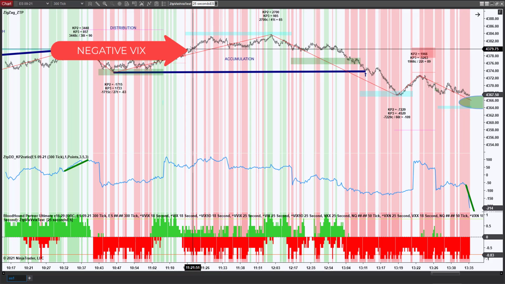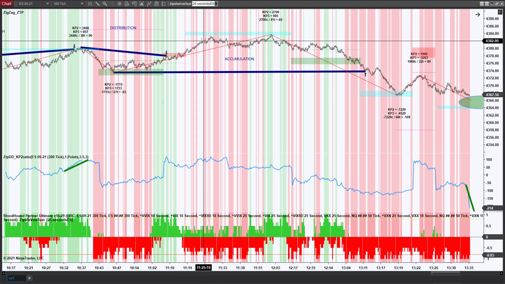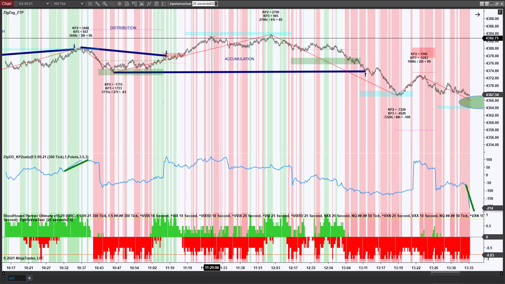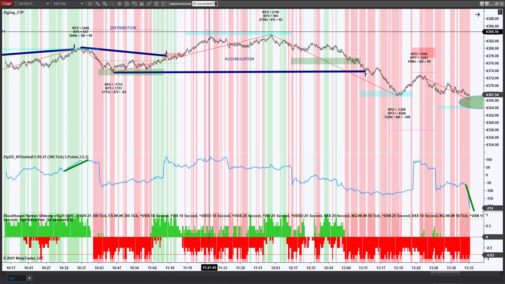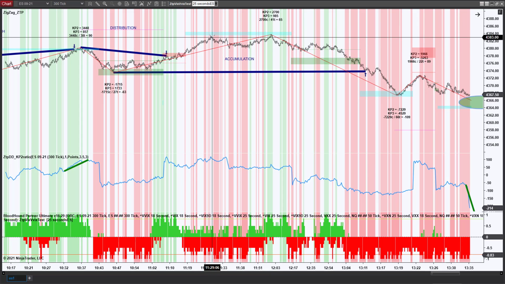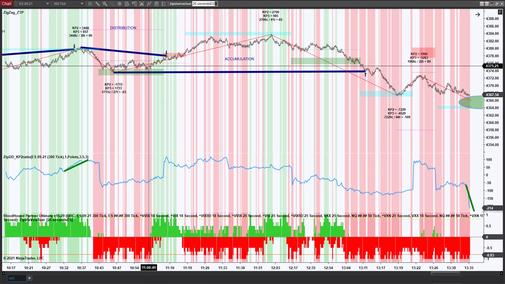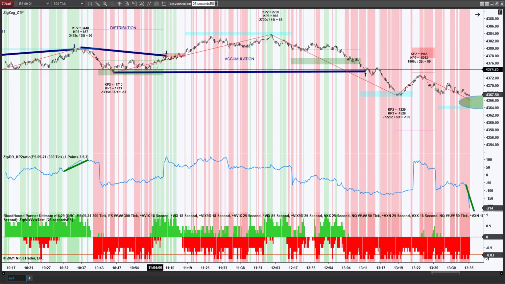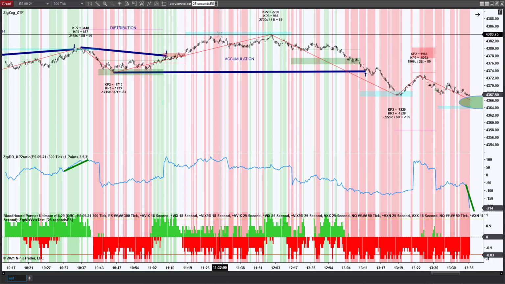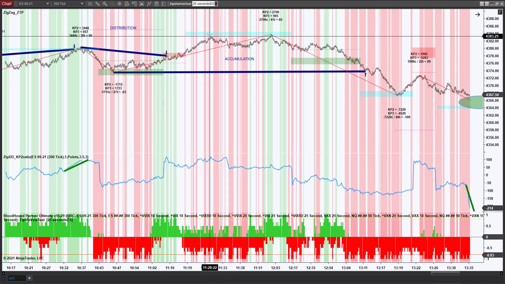So basically, as price started to increase right here, what that is telling us with the Bloodhound template was that the VIX had turned negative at this point. This is not to suggest that this is a trade entry at this counter trend area right here, but if we had entered this trend trade from here, again, what we were being given is a warning as price approached the counter trend zone.